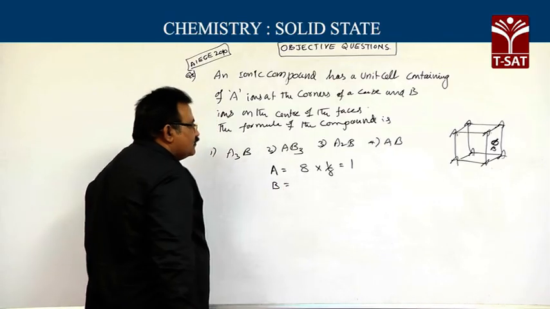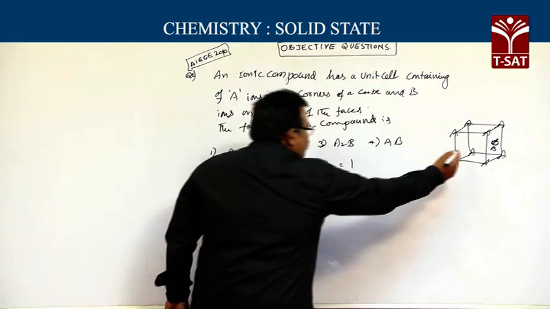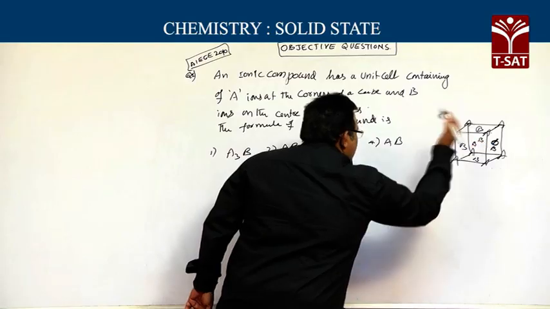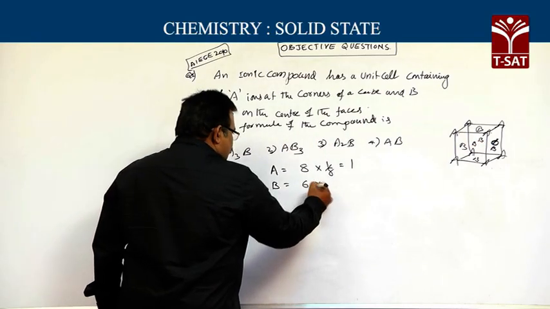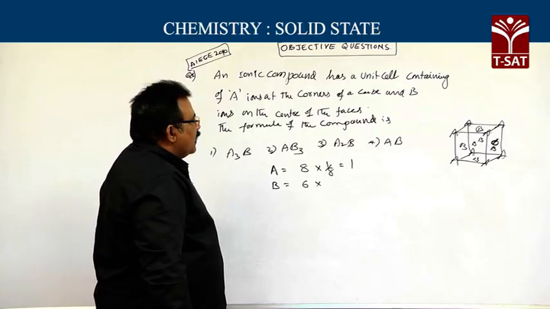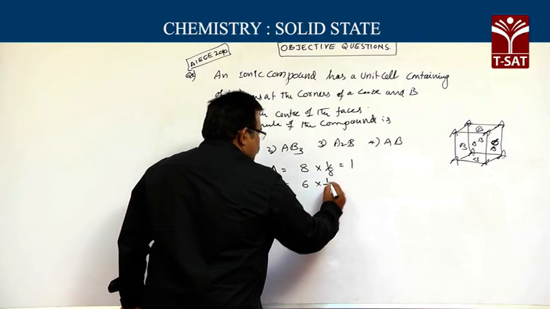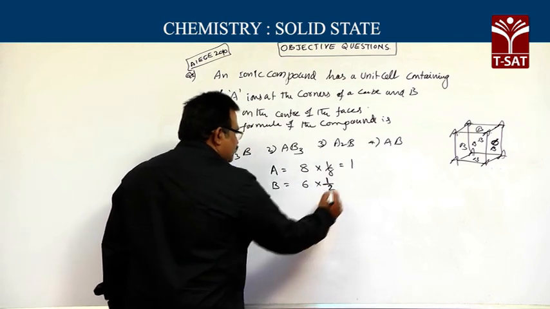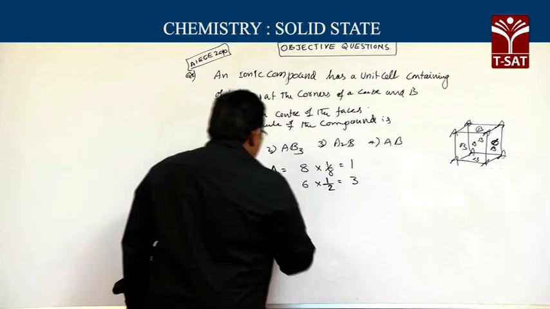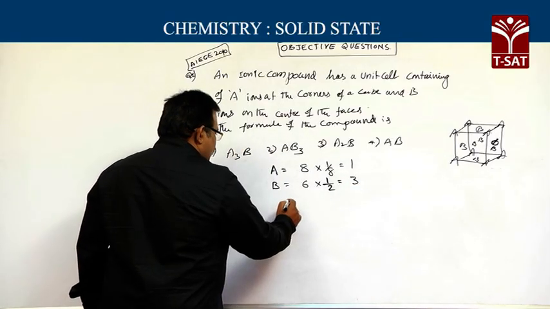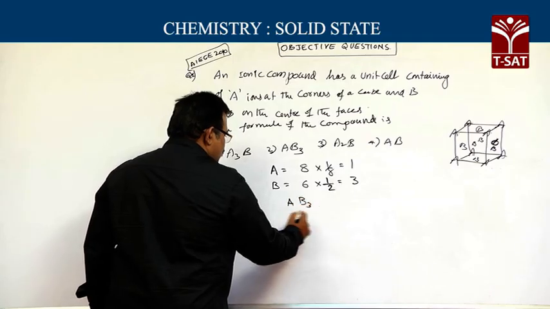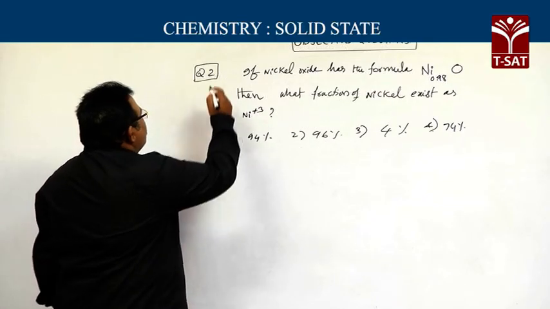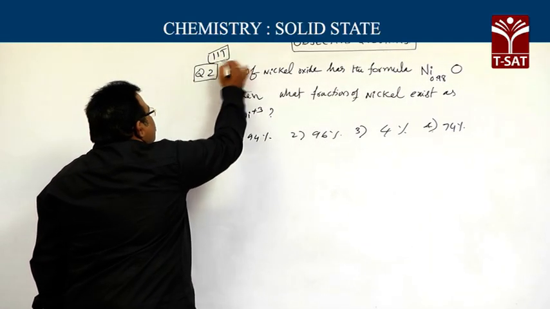B atoms are present at the face centers, total 6 B atoms. At a face center, 2 unit cells share 1 atom, so 6 into 1 by 2 is 3. So, the empirical formula of the compound is 1 A and 3 B. Now, the answer is AB3.